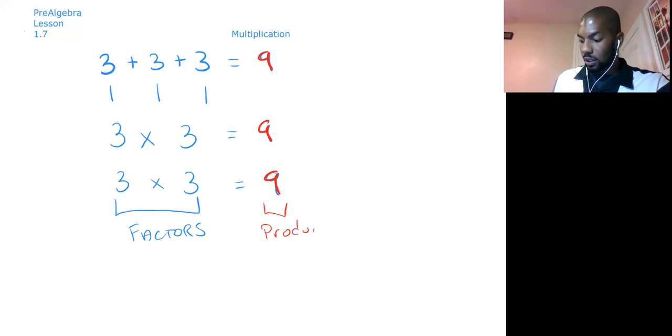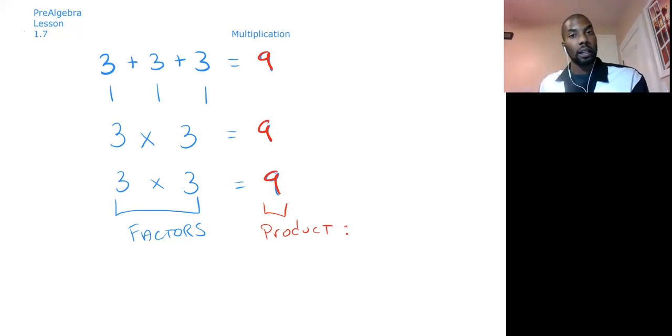The answer to a multiplication problem is called a product. Just like in a factory, how you have the factors of production, the land, the materials that go in, they get squished and mangled together and you spit out a product. Factors go in, products come out.